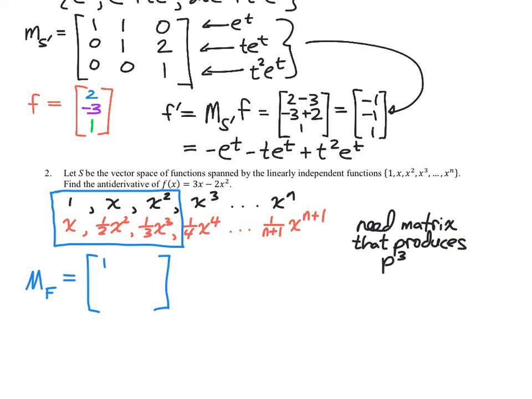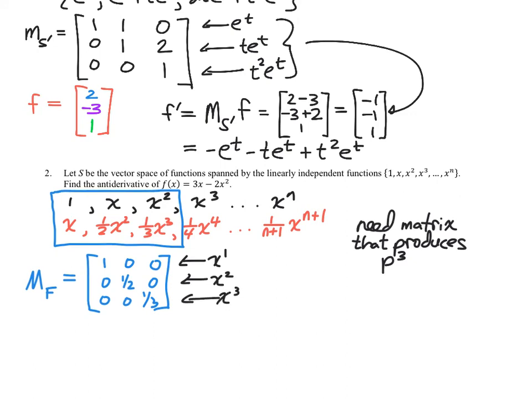So 1, 0, 0, 0, 1/2, 0, and 0, 0, 1/3. Because the first one represents x to the first power, then x to the second, and x to the third.